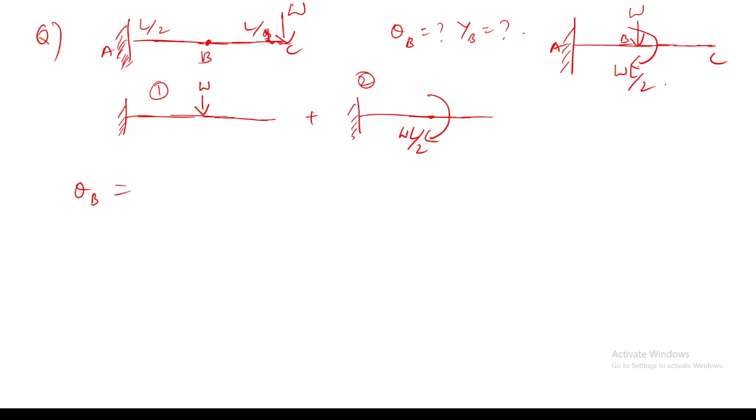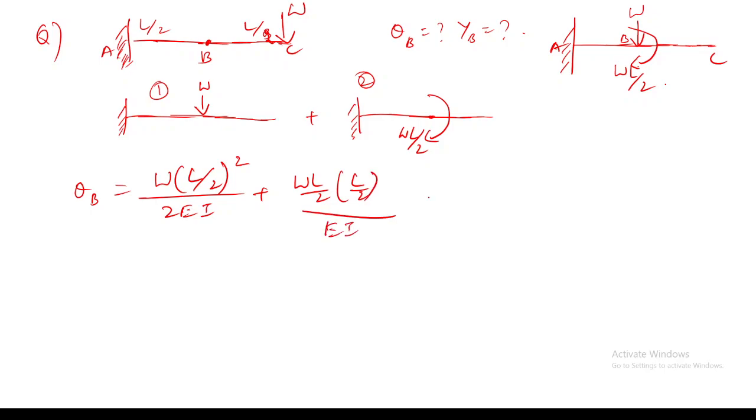What will be the value of theta B1? WL square by 2EI. What is the value of L? It will be L by 2. So WL by 2 the whole square divided by 2EI, plus theta B2, which will be ML by EI. M is WL by 2, and L is L by 2, divided by EI.